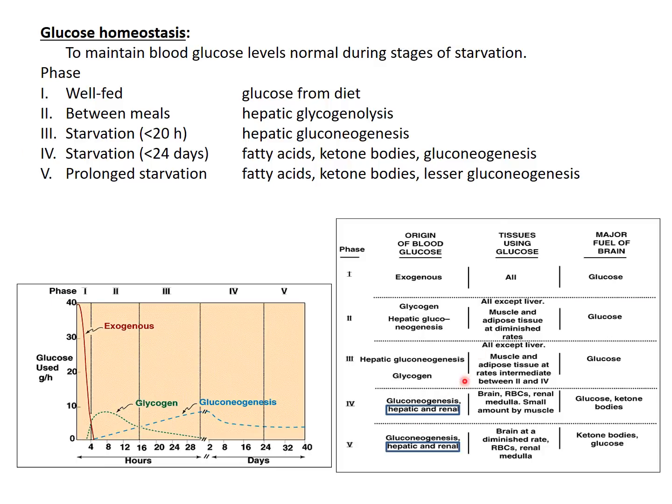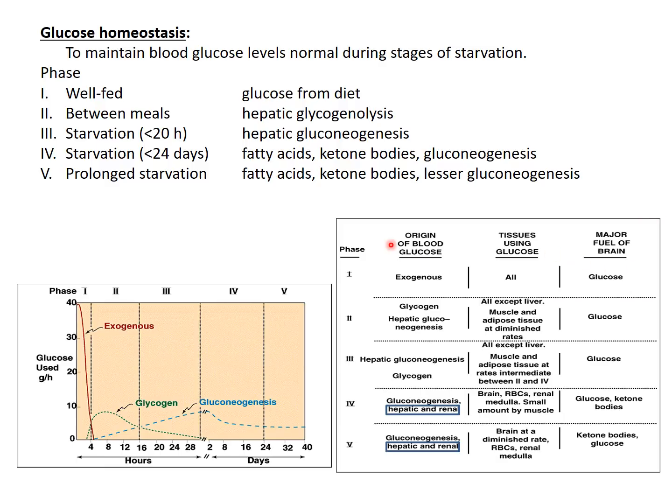Now, this is something that you can use when you review this material. It is focusing on glucose homeostasis. We went through well-fed, between meals, starvation, short-term, longer term, and very long-term starvation. This table lists what is used for energy and what is supplying energy.